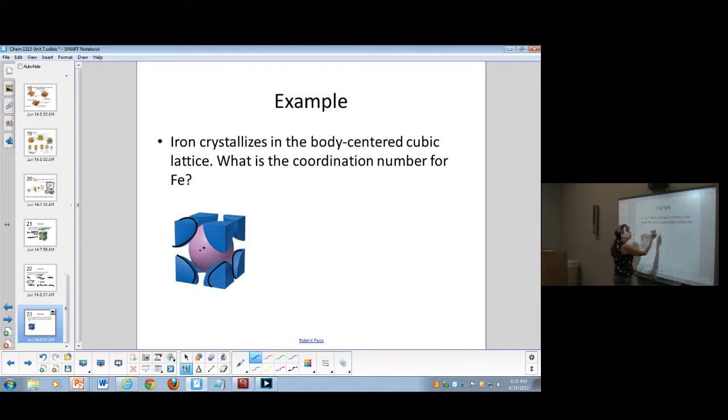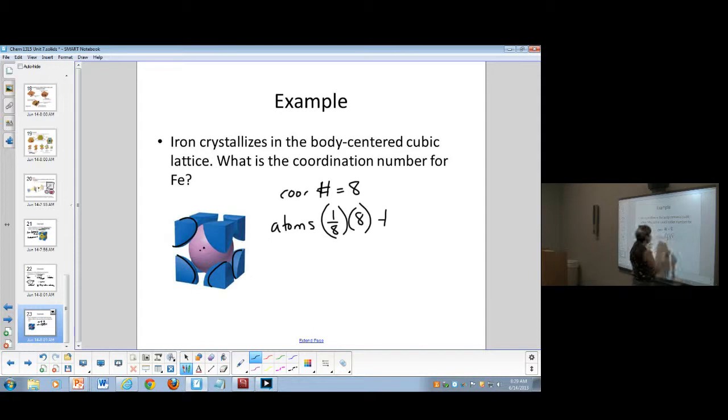And so its coordination number is equal to 8 because it's touching each of the 8 atoms at the lattice corner. What about its number of atoms? Well, it has 1/8 times the 8 at the corners again, plus 1 in the center, and so it has a total of 2 atoms.